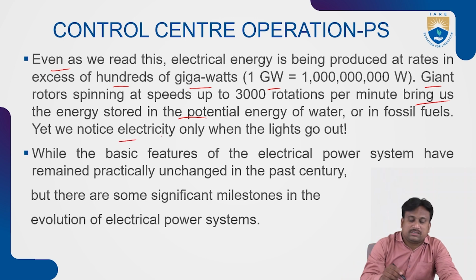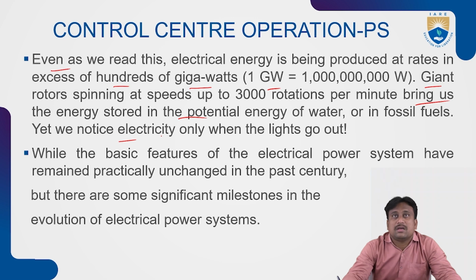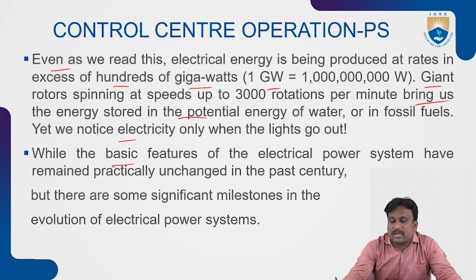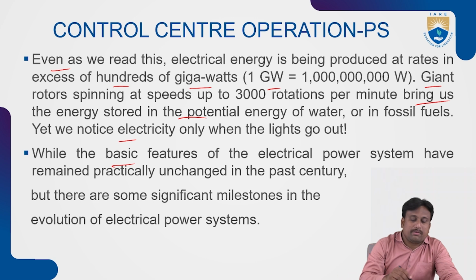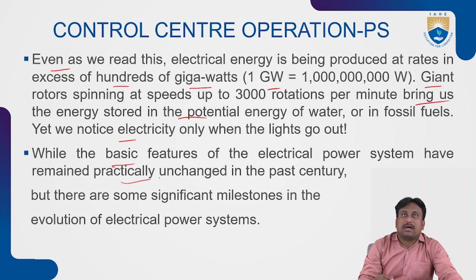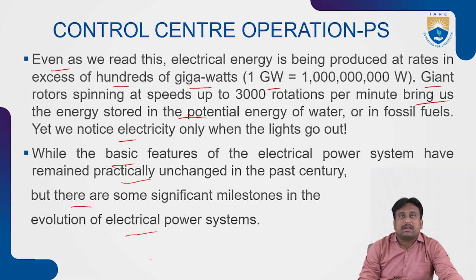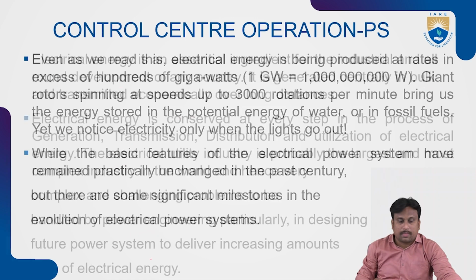We notice electricity only when the lights go out. The basic features introduced for the electrical power system have remained practically unchanged in the past century, though there are some significant milestones in the evolution of electrical power system networks.